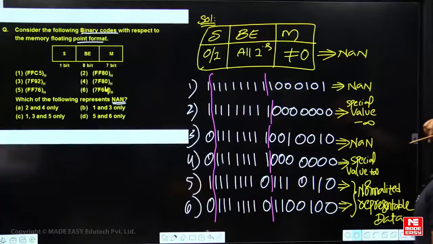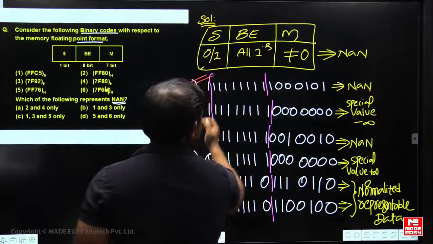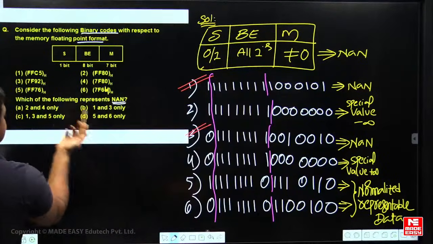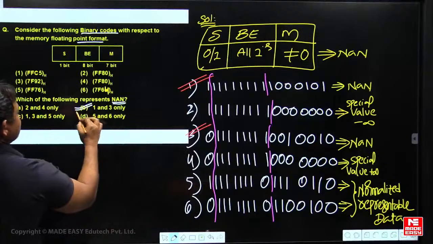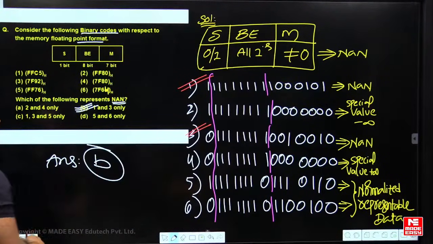Then what is the question? Where is NaN here? Only first and third one. Then A, B, C, D options. Then where is the NaN present? NaN is present in 1 and 3. So the answer is B. B is the right answer.